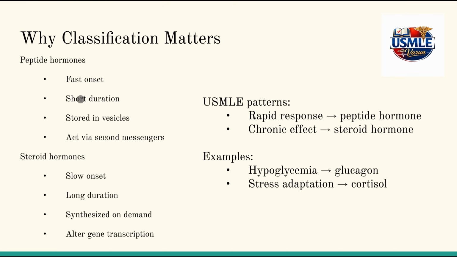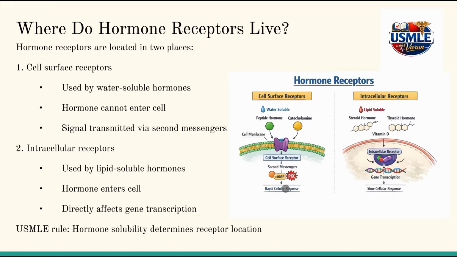Glucagon, being a peptide hormone, corrects hypoglycemia very quickly, whereas cortisol, being a steroid hormone, has a slower onset and longer duration of action.